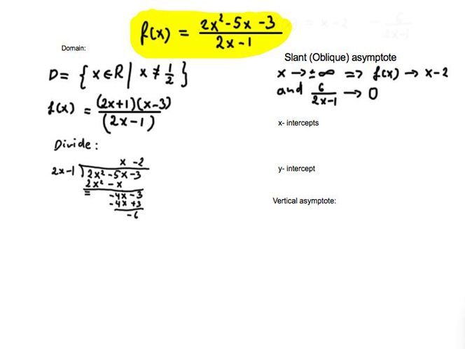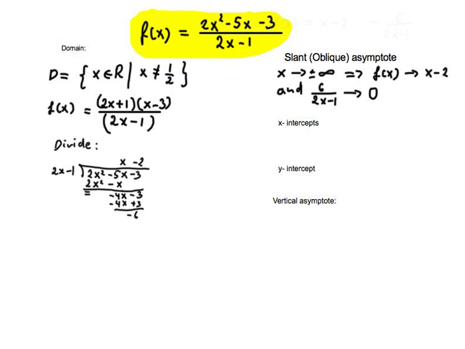Since you can factor the top part of this equation into these two binomials, you can see that there's no way that we can simplify this expression. There's no way that I can divide anything by 2x minus 1 from the top. Since we cannot do this, we cannot make this expression simpler.